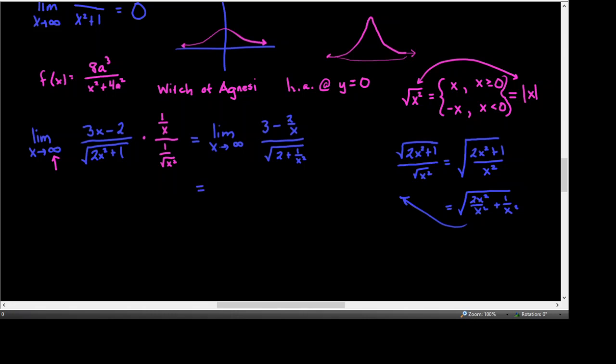Okay, so as x goes to infinity, the constant 3 is 3, minus constant divided by power of x goes to 0 as x goes to infinity. Then under the radical, the limit of the constant 2 is 2, plus the limit of constant over power of x goes to 0.